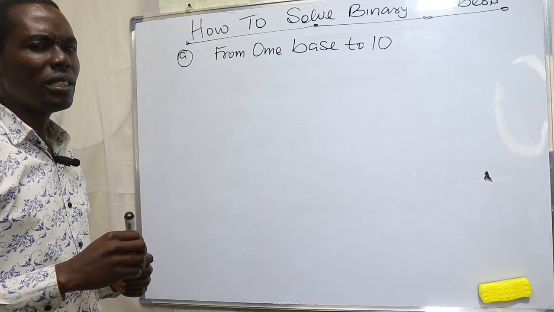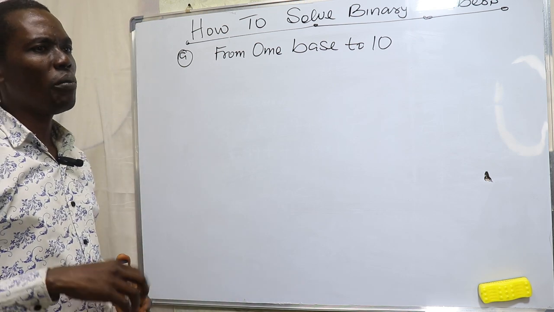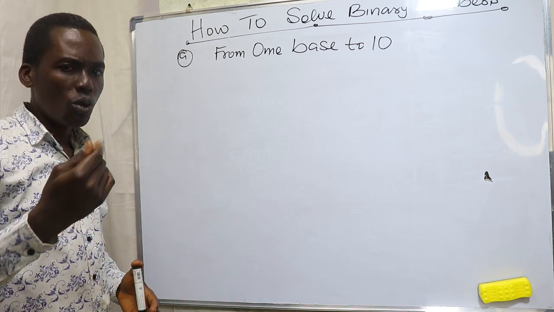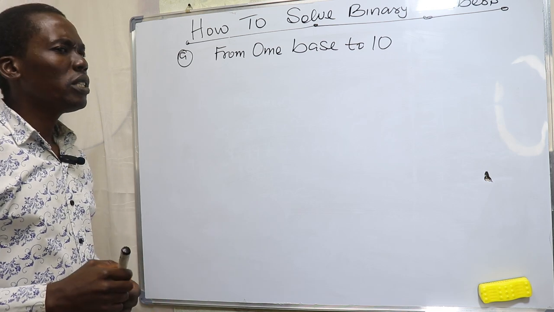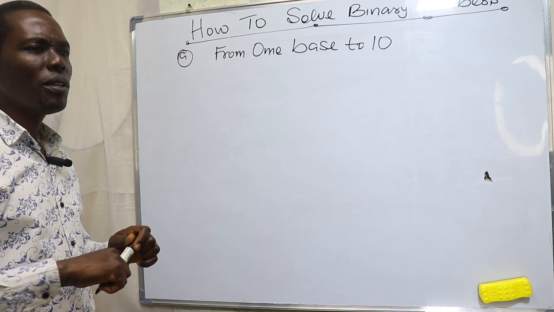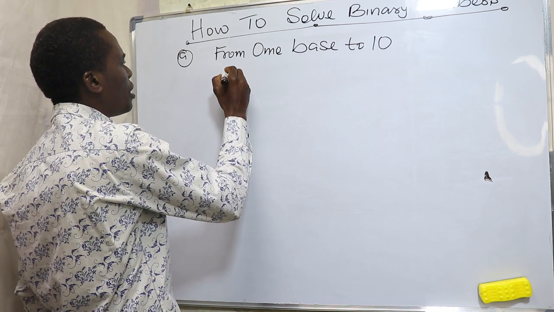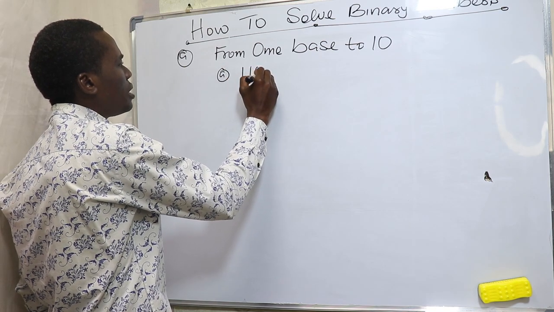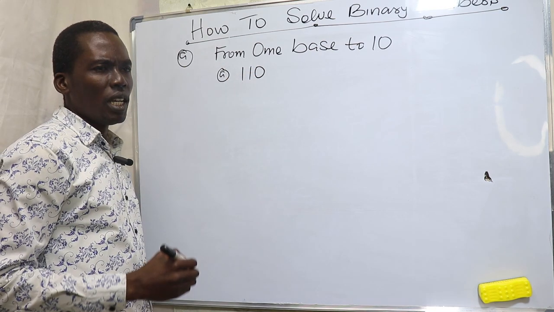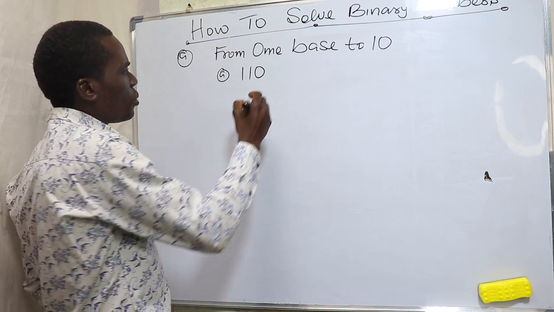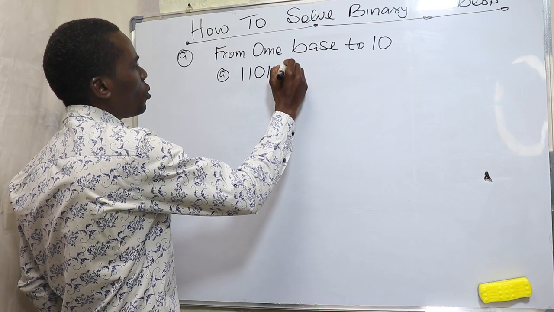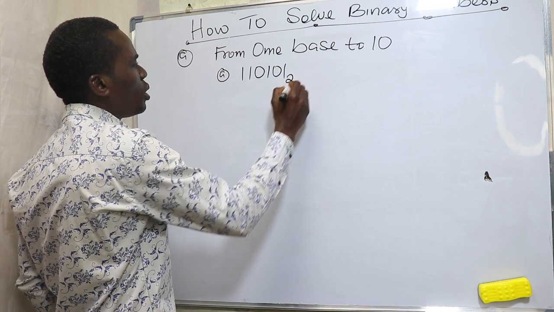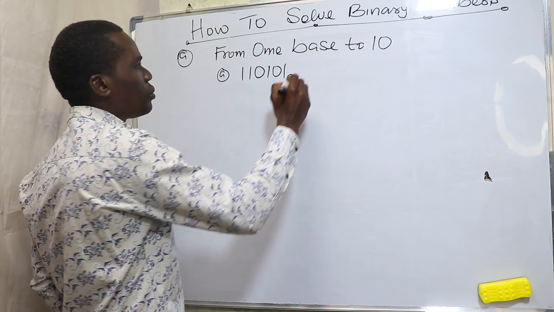I will use one simple example so that you will understand it well. What if they say you should convert 110 in base 2, and they tell you to convert it to base 10.